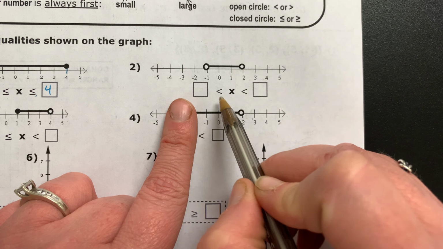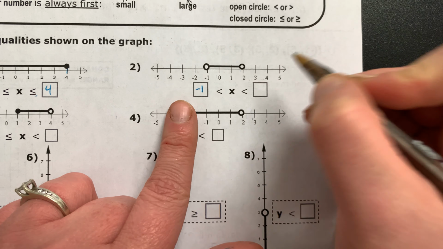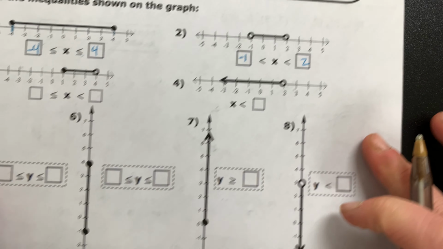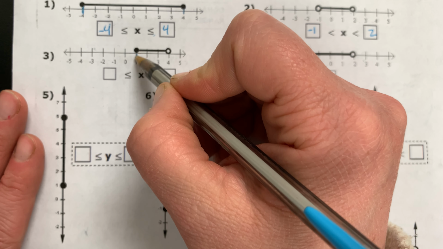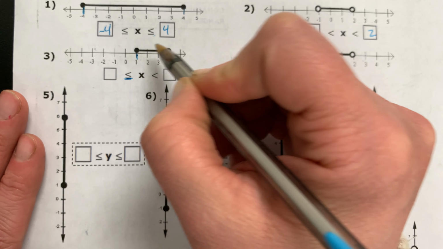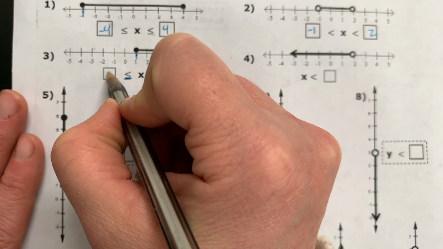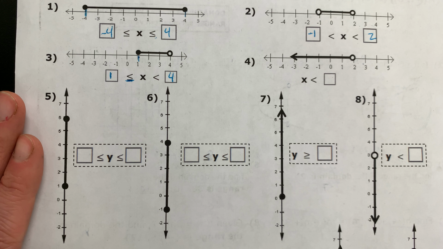It has open circles, so it does not get the lines underneath. And my smallest number is -1, while my largest is 2. 3, I have a line under this one because it's closed, and I don't have a line under 4 because it's not. So I'm just going to put my lowest number is 1, greatest number is 4.